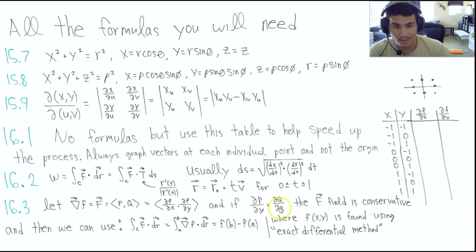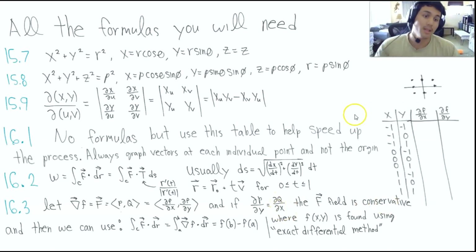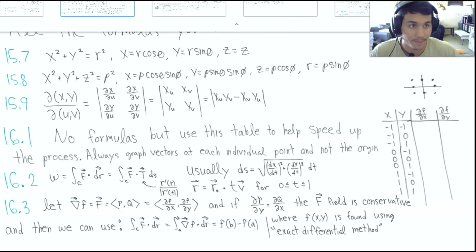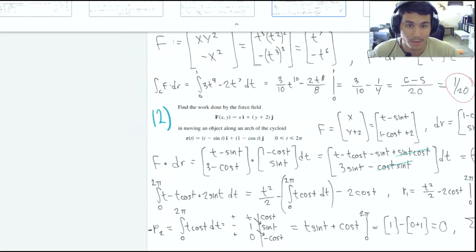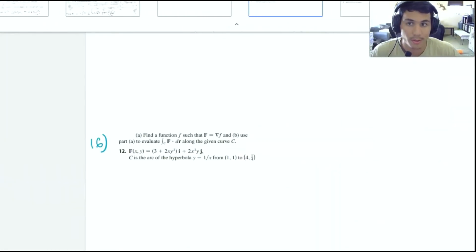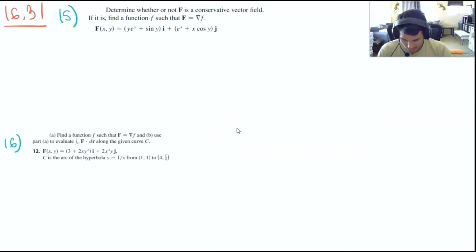So we know a field is conservative if del f of little f is equal to big F, and if the partial of P with respect to y is equal to the partial of Q with respect to x. If those are equal, that's the field's conservative then. So we know that's true if those conditions are met. So let's go back to our thing here, and let's see if we can get this to happen.